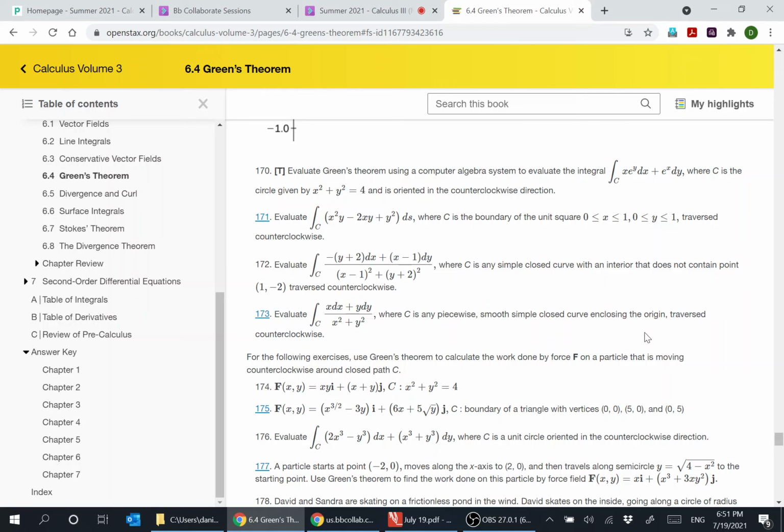Enclosing the origin and traversed counterclockwise. Any piecewise smooth, simple closed curve enclosing the origin. So, I mean, you can't use Green's theorem, so which piecewise closed curve are they talking about?